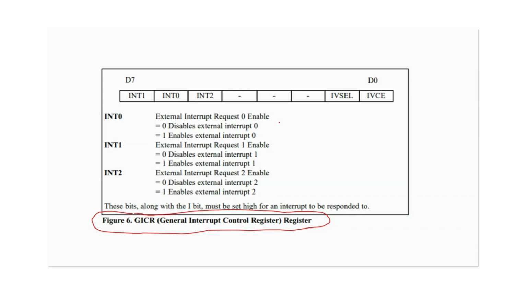So interrupt 0, interrupt 1 and interrupt 2 can be either disabled or enabled according to their relevant bits being set or cleared. This is the interrupt 0 related bit. If we clear it in coding, then this interrupt will be disabled and will not work. To use this interrupt, we will have to set this to 1, and similarly other interrupts can be configured. We configure this type of settings in our coding.